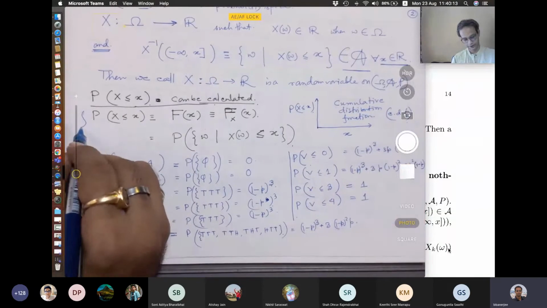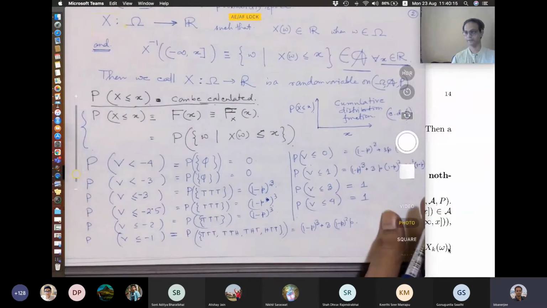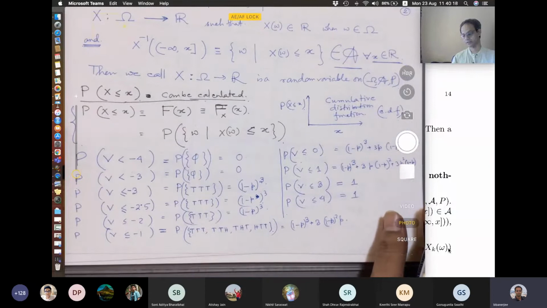So this is the definition of the cumulative distribution function.